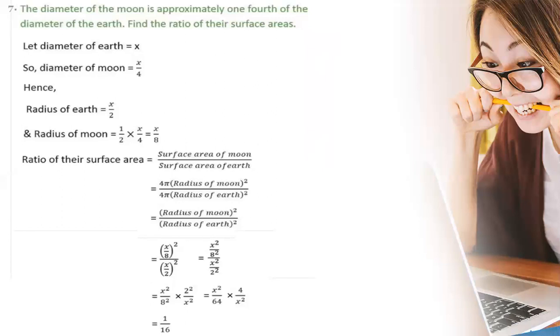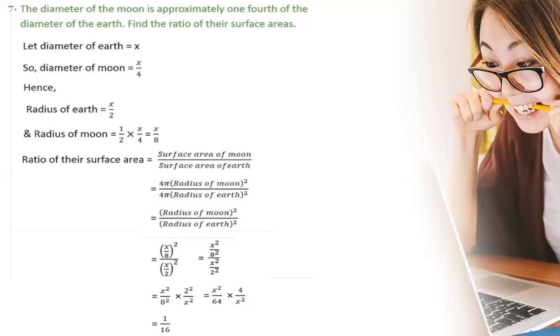In case 1, by taking the diameter of the earth as x, the diameter of the moon will become x by 4. Or in case 2, by taking the diameter of the moon as x, the diameter of the earth will become 4x. Both ways will give the same result. In this particular problem, let us solve by using case 1.